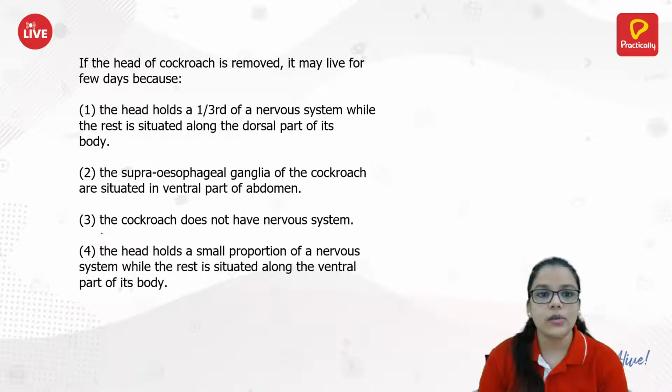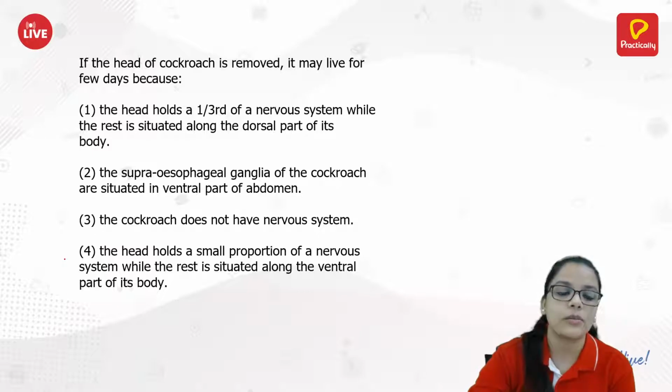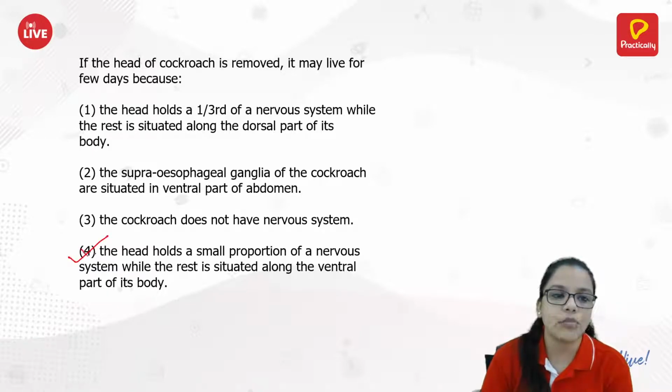The head holds 1/3 of nervous system while the rest is situated along the dorsal part of the body. The supraesophageal ganglia of the cockroach are situated in ventral part of abdomen. Cockroach does not have a nervous system. That is totally not true. The head holds a small proportion of nervous system while the rest is situated along the ventral part of the body. This is the correct option.